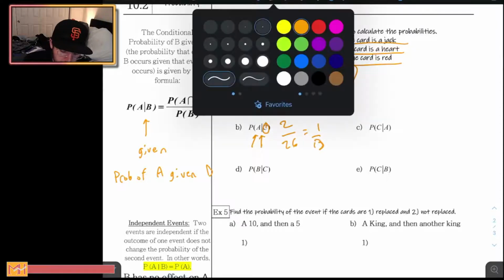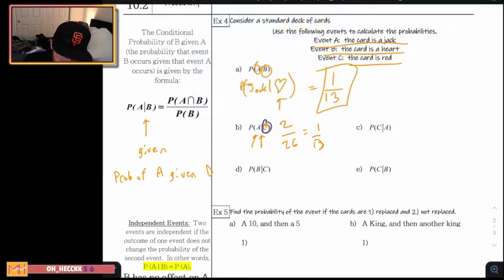You see how the given is having a dramatic effect on our denominator, because I'm no longer giving you 52 cards, I'm giving you 13 for hearts, 26 for red, maybe only 12 if you're given a face card. Anything could happen there. You're no longer given the total 52.